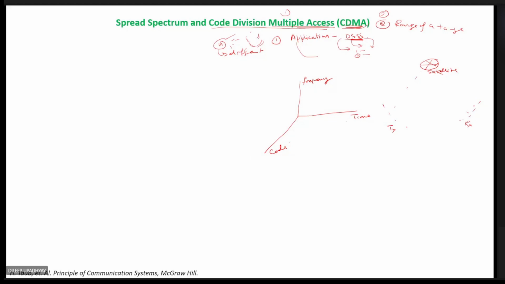And these receivers may also be transmitters, and these transmitters may also be receivers in duplex communications. There is no such issue, but I'm just considering one way. So at least one parameter should be there which can discriminate that the nth transmitter has transmitted this information.